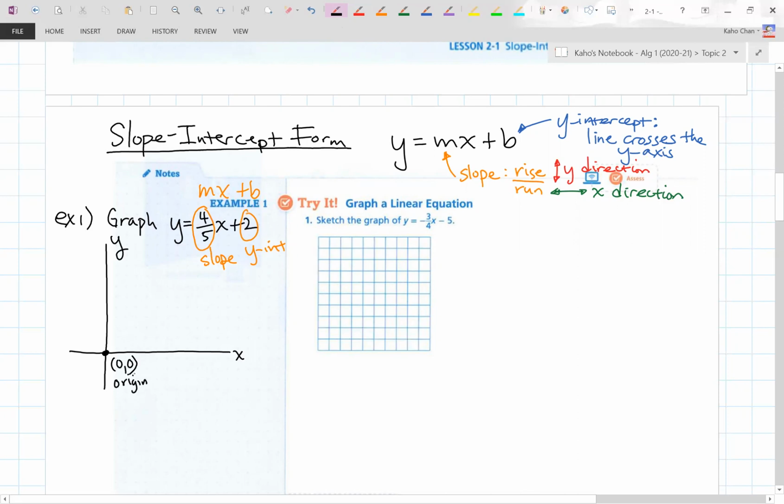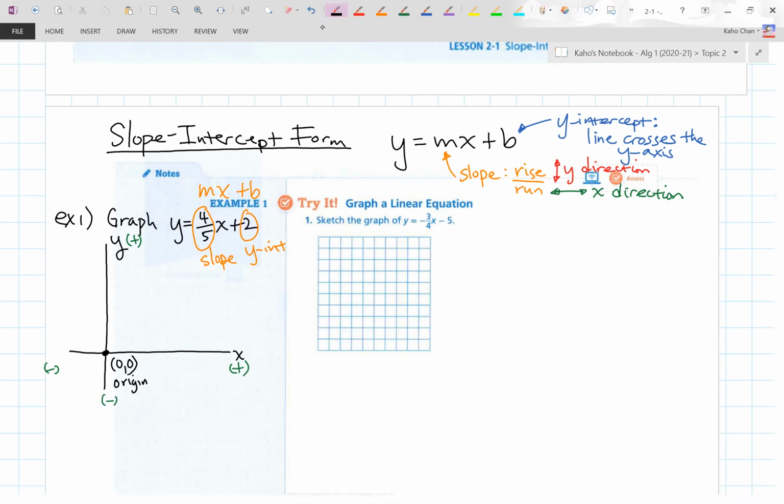Anything to the right of the y-axis, of course, is positive. Anything to the left is negative. On the y-axis, anything going up is positive. Anything going below the origin is negative.